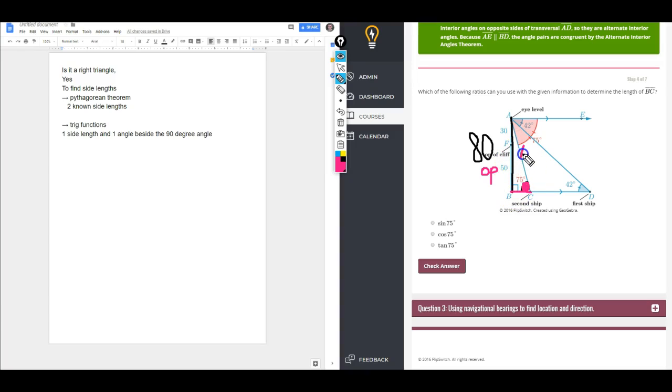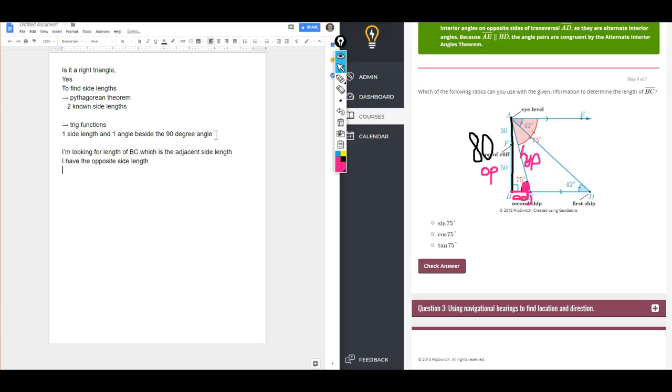The side length across from the 90 is the hypotenuse, and that leaves BC as the adjacent. Why I want to know that is because I'm going to ask myself, what am I looking for? I'm looking for the length of BC, which is the adjacent side length. And then I have the opposite side length.